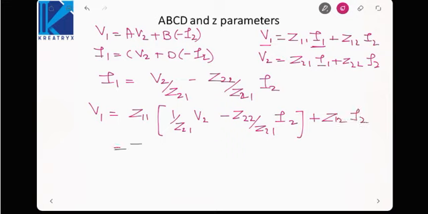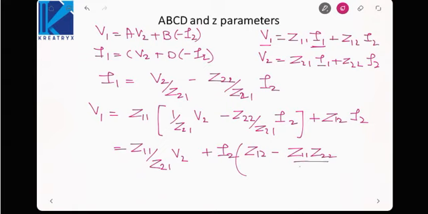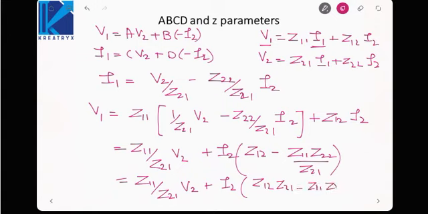That is, it will be Z11 by Z21 V2 plus I2 times Z12 minus Z11 Z22 over Z21. That is Z11 by Z21 V2 plus I2 times Z12 Z21 minus Z11 Z22 by Z21. Now the numerator of this term is actually negative of the determinant of Z matrix. So it will be minus delta Z.